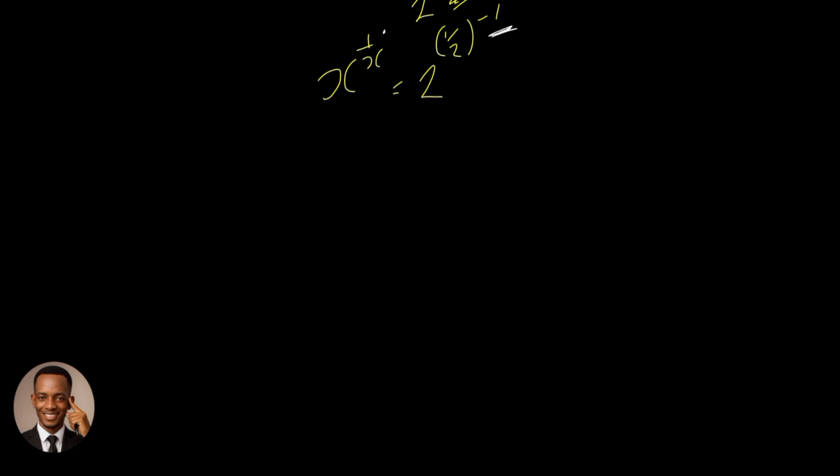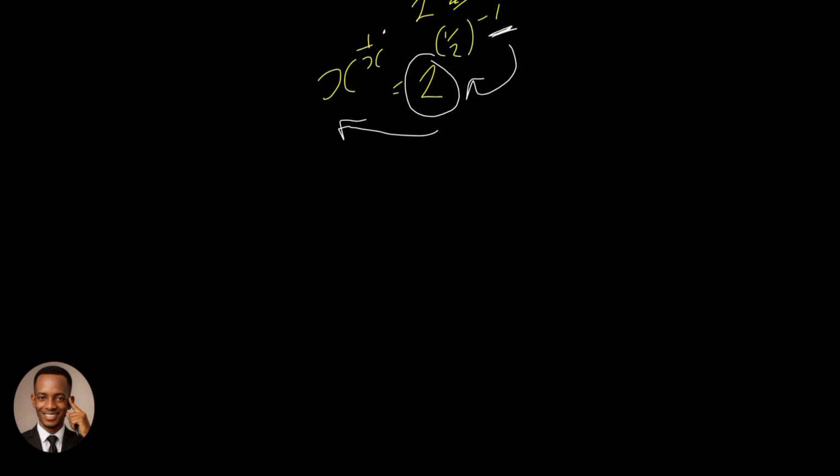But we can also go another smart way. What's that smart way? Since expressing this power as a fraction will make it messy, we can actually express this base as a fraction. Yes, so that this will just be the inverse of this. We can do it that way.